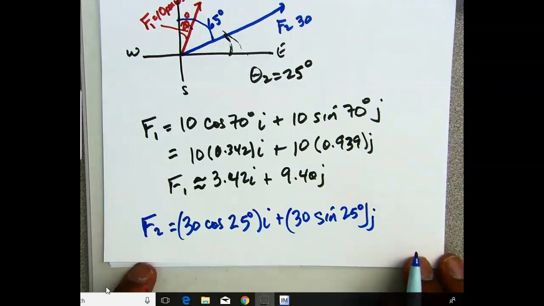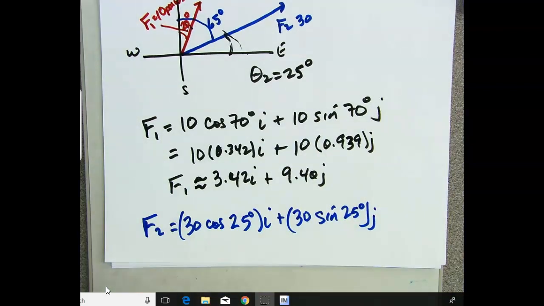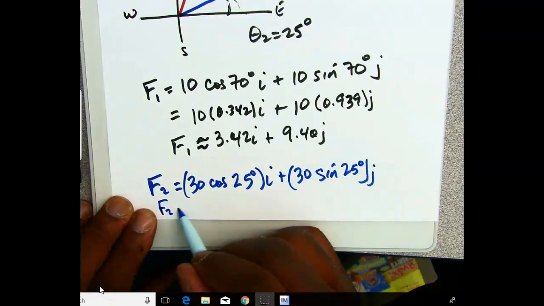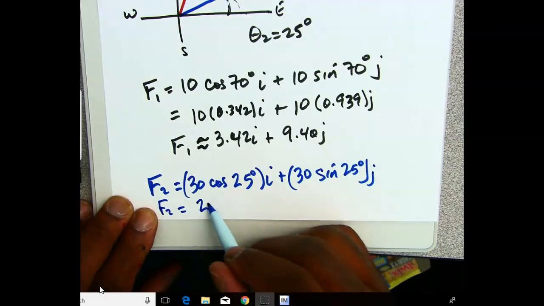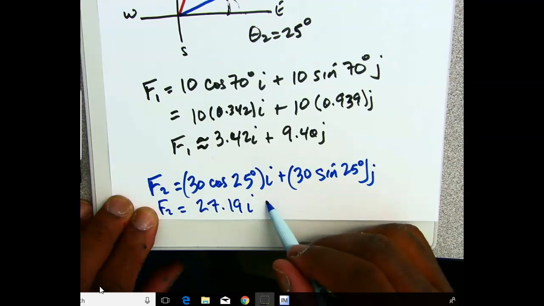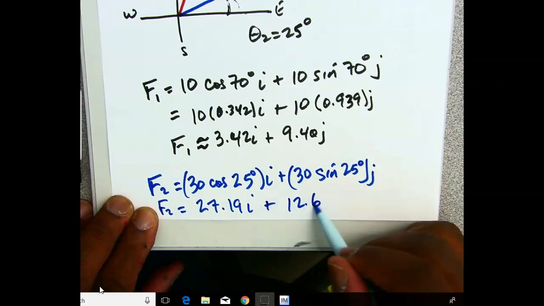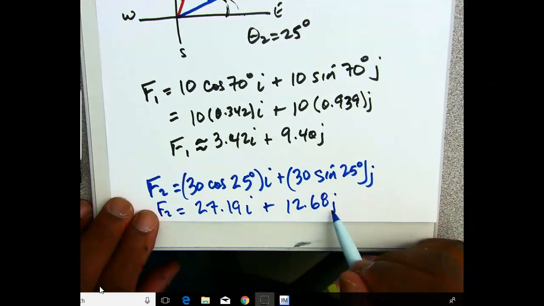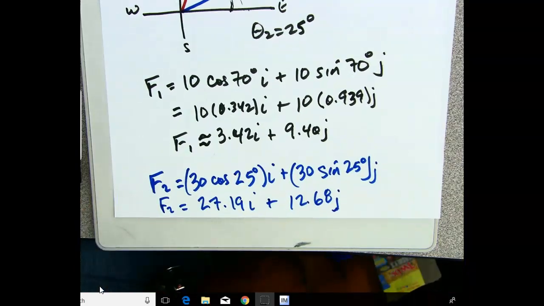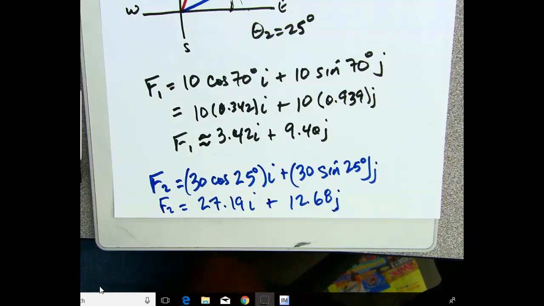Go ahead and work that one out and tell me what you get. Okay, so F2 comes out to be 27.19i plus 12.68j. So that's F2. Did anybody get anything different? You're going to round it to two places.